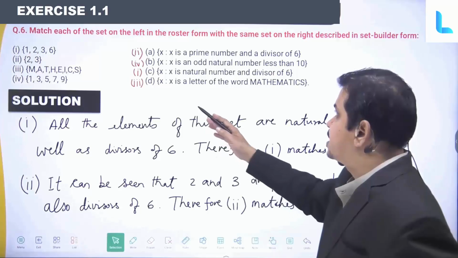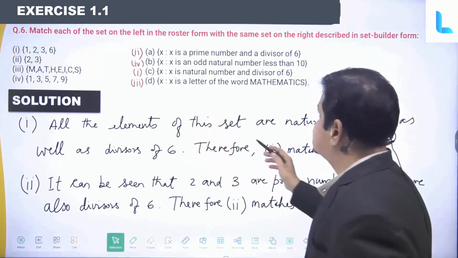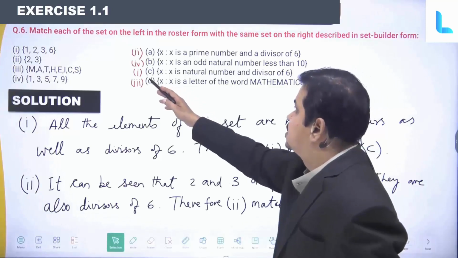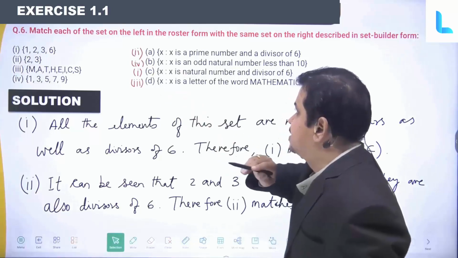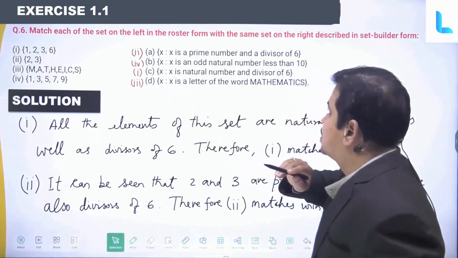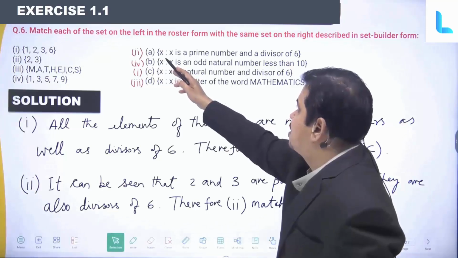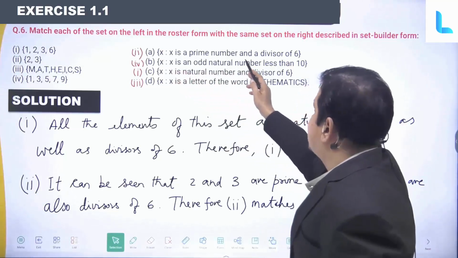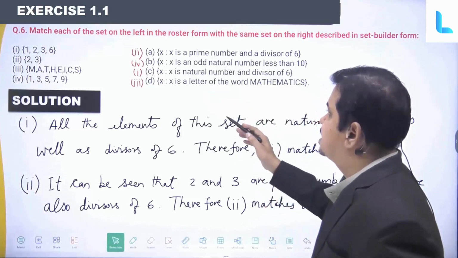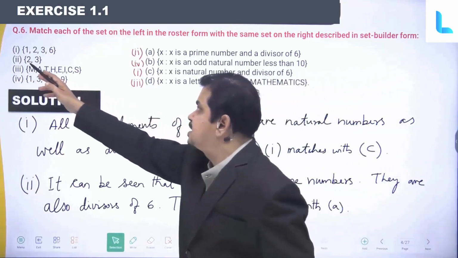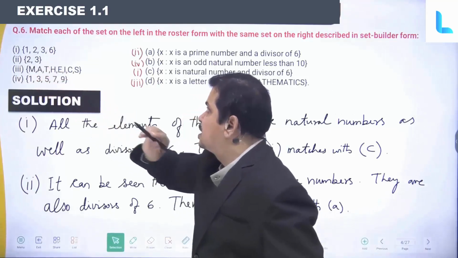Already 1 has matched with C. So now you are left with 3 items, that is A, B and D. If you look at the item A, it is a set of all x such that x is a prime number and a divisor of 6.